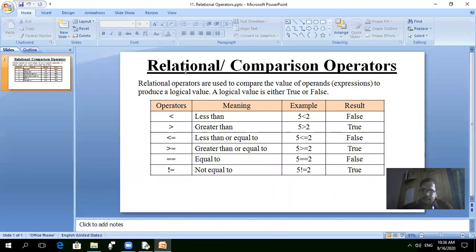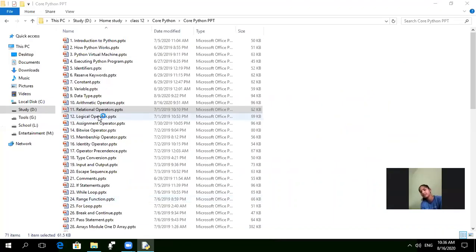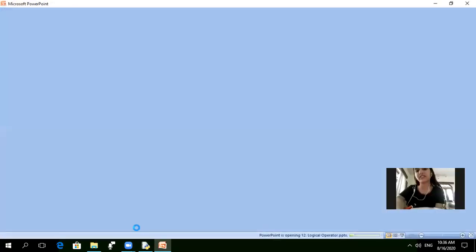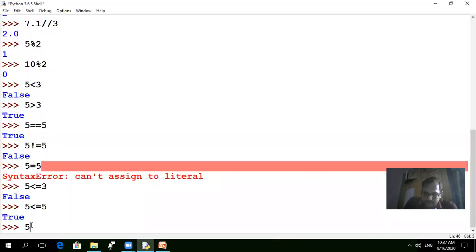Relational operator and comparison operator is clear? Sir, how can 5 be smaller than 5? Listen, 5 less than equals to 5 means either 5 is equal to or less than.